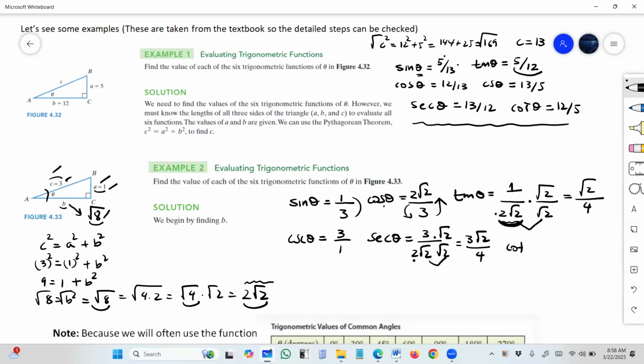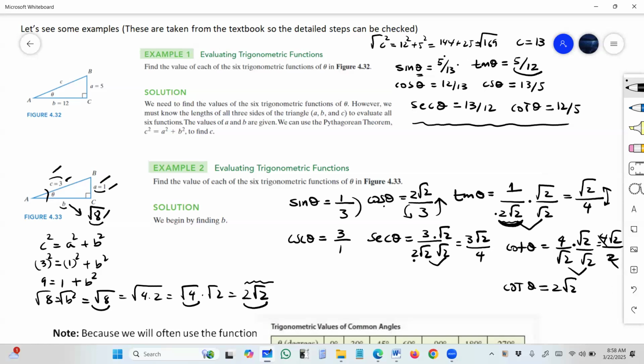And cotangent theta is the reciprocal of tangent. So 4 over radical 2. And then I'm going to rationalize. So this is 4 radical 2 over 2. And then I simplify the 4 with the 2. So cotangent theta is 2 radical 2.